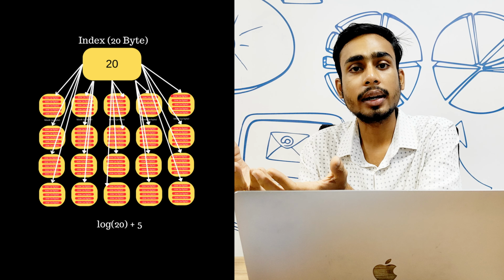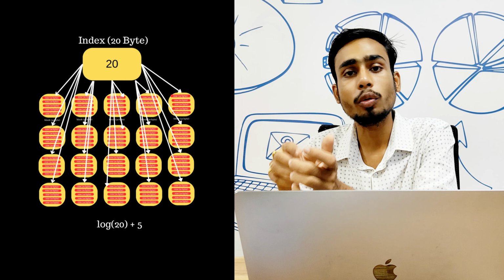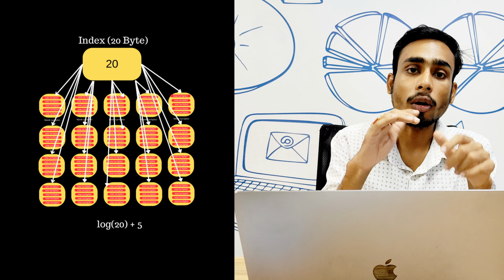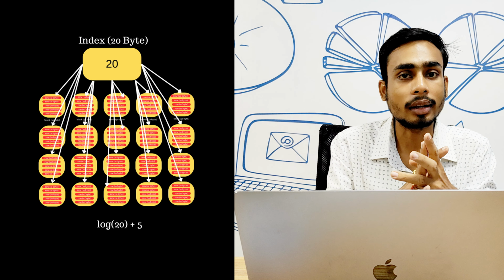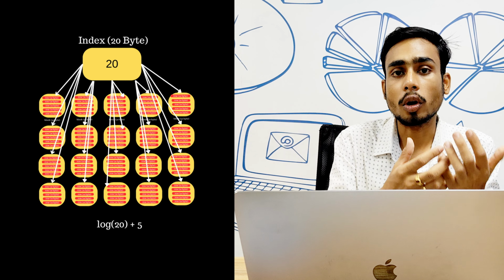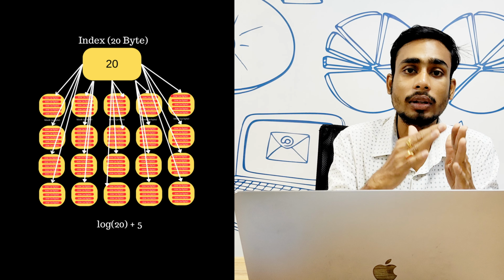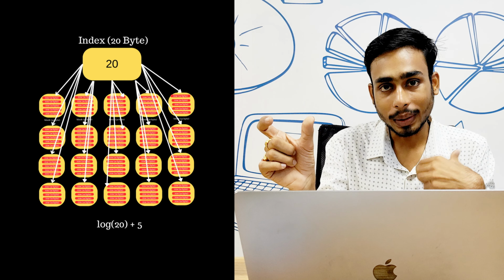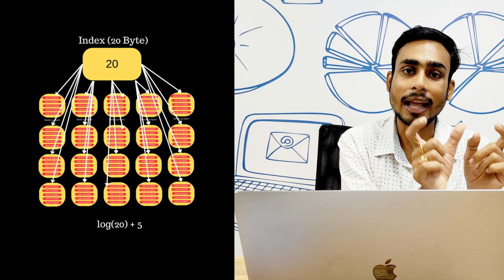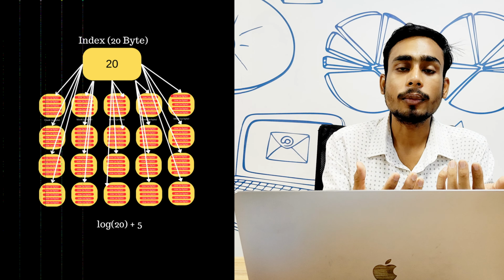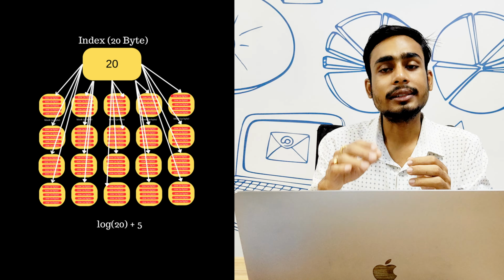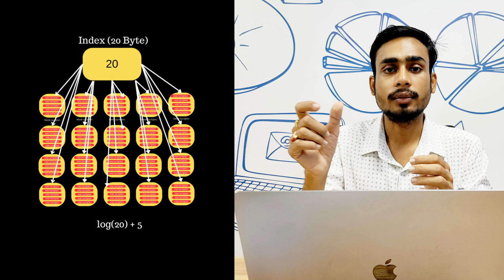Here the size of the index is 20, so it will be log base 2 of 20, and then linearly you check the rows of that block where your condition is matching, and one block contains 5 rows. That means it will take log 2 of 20 for fetching the address, and then another 5 for fetching the row. So in total it is way less than n time complexity.